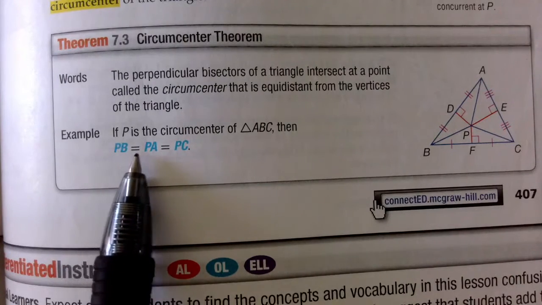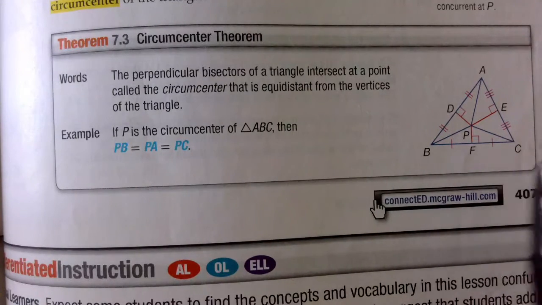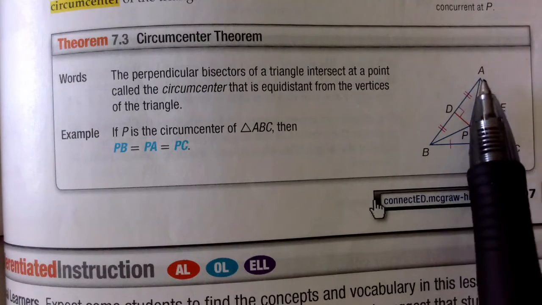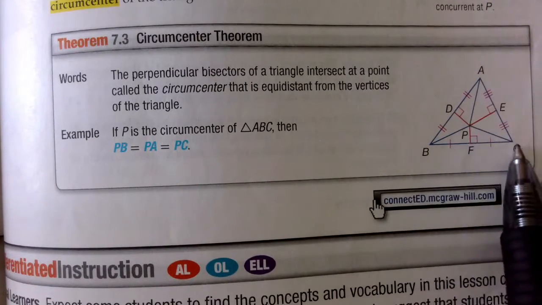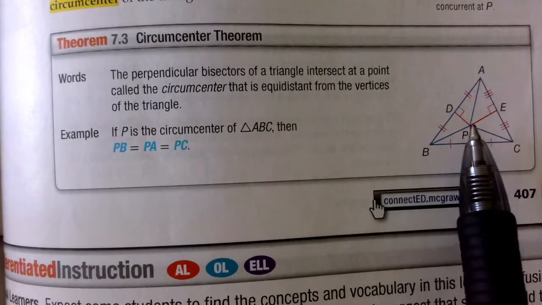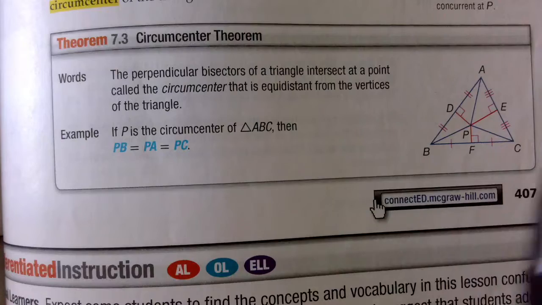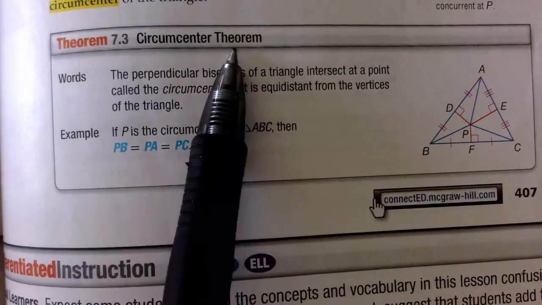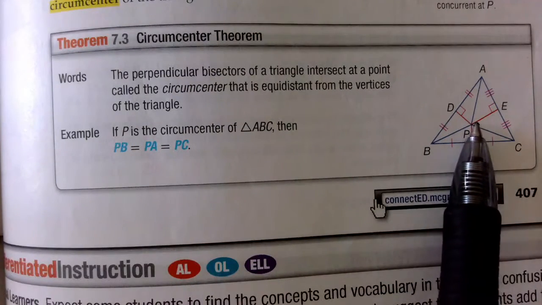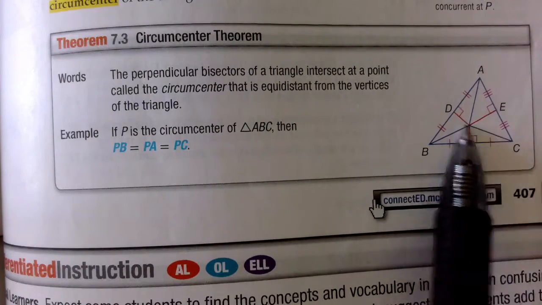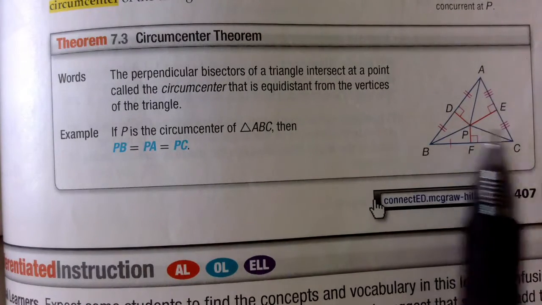This, PB equals PA equals PC: inside of a triangle, the distances from the circumcenter to the vertices are all the same. So PA, PC, and PB are all the same.